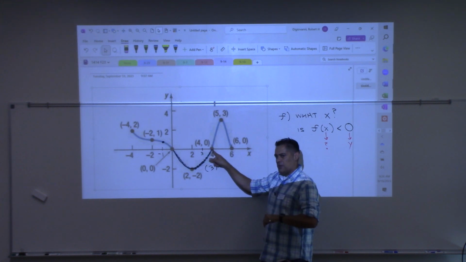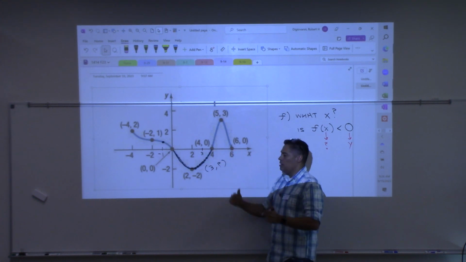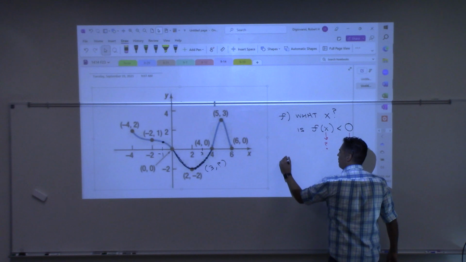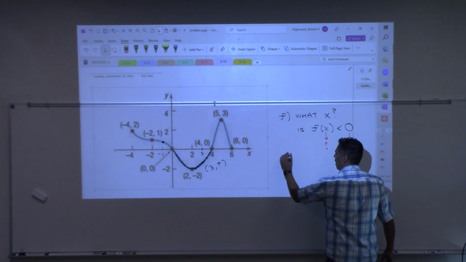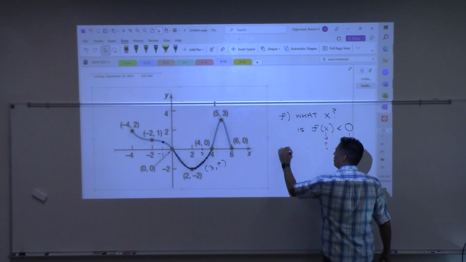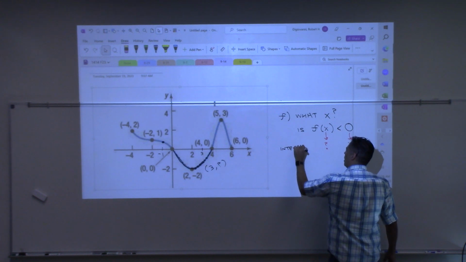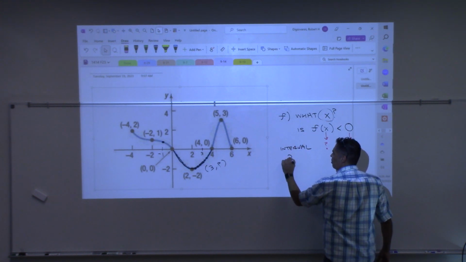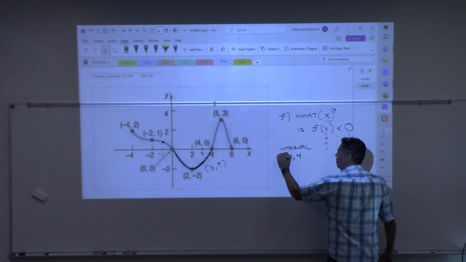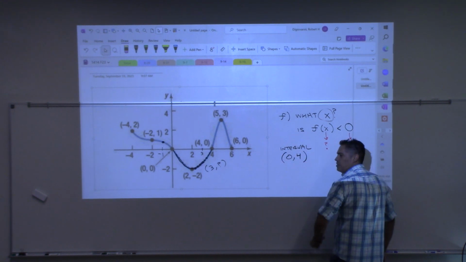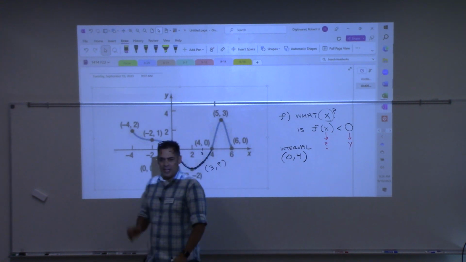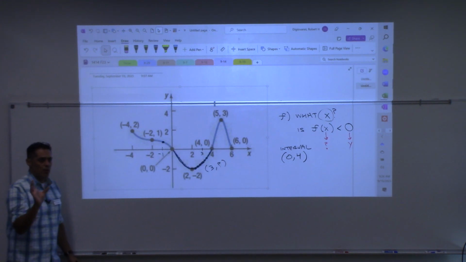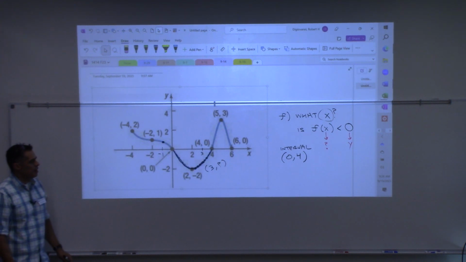We are equal to 0, and we want to be less than. So my answer is an interval, giving me the x's, and it goes from 0 to 4. Not including the endpoints, so we put parentheses. That's an interval, everything between 0 and 4. We good?